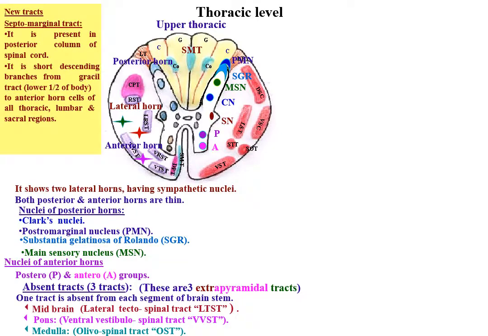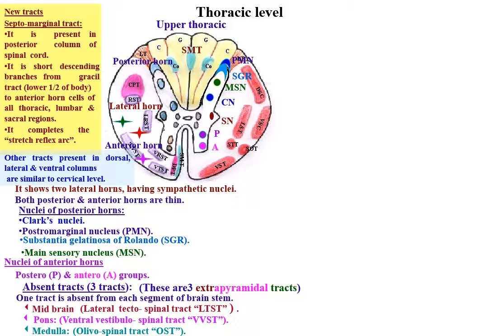It is present in the posterior column of the spinal cord, and it completes the stretch reflex arc. Other tracts present in the lateral and ventral columns of the spinal cord are similar to cervical level.